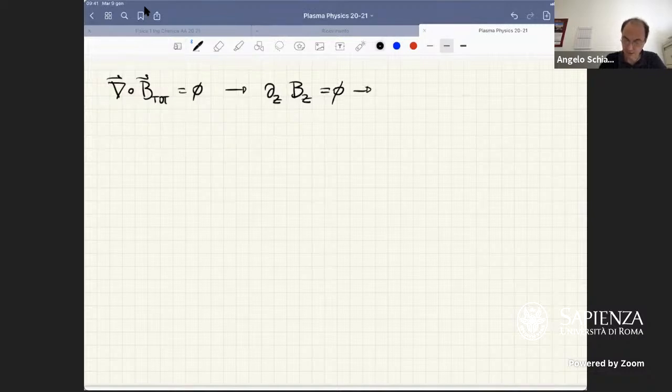So BZ is constant. And exactly what it is: B0. It's the externally applied field. And the wave solution won't have any contribution along the Z direction.